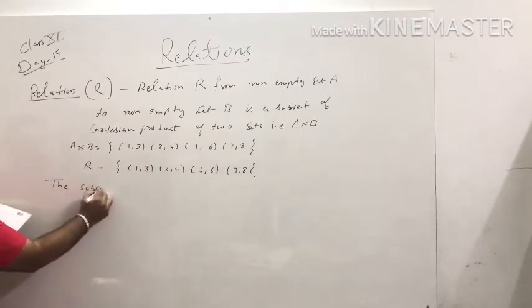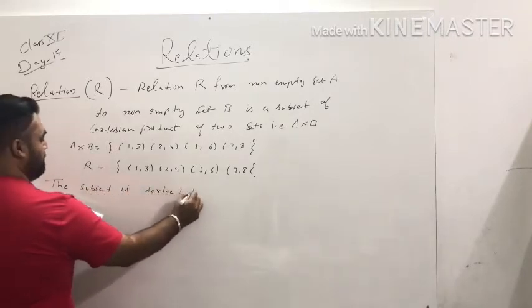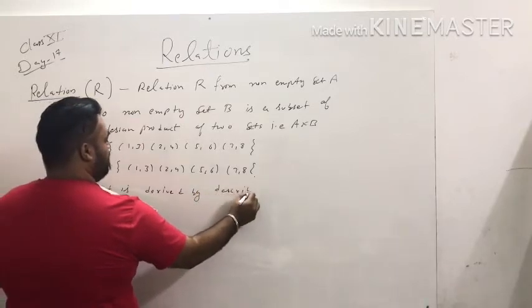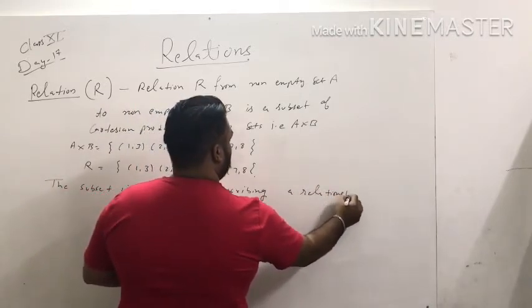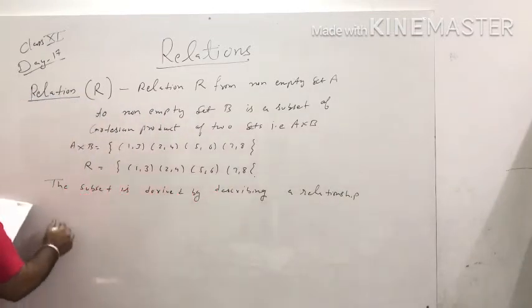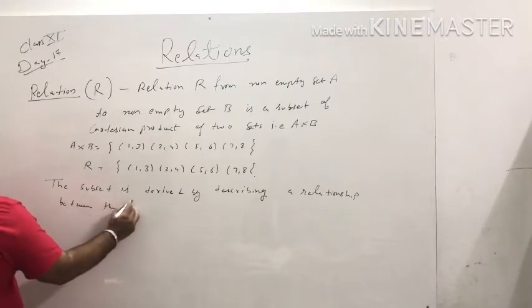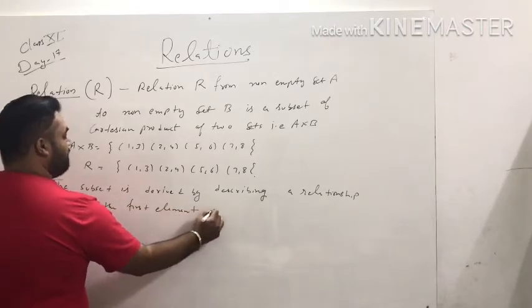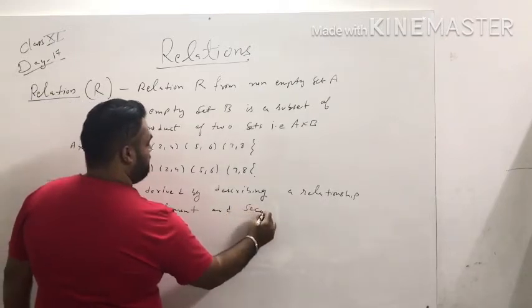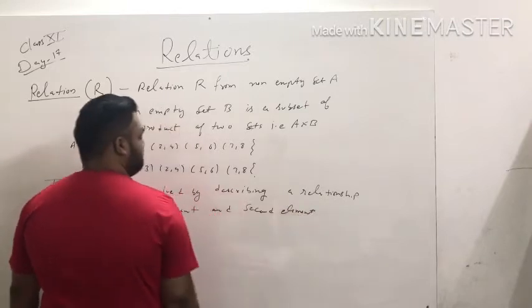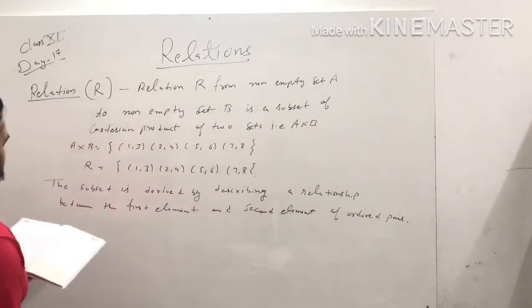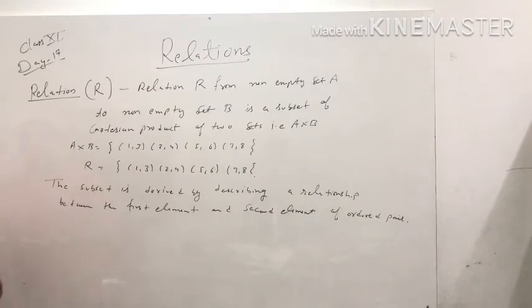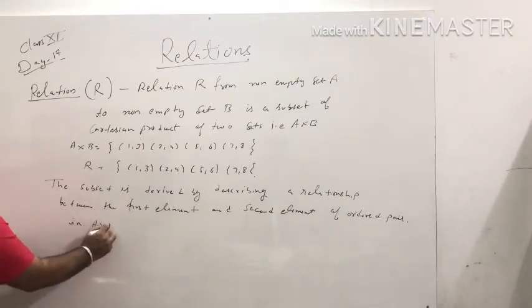The subset is derived by describing a relationship between the first element and the second element of an ordered pair in A cross B.